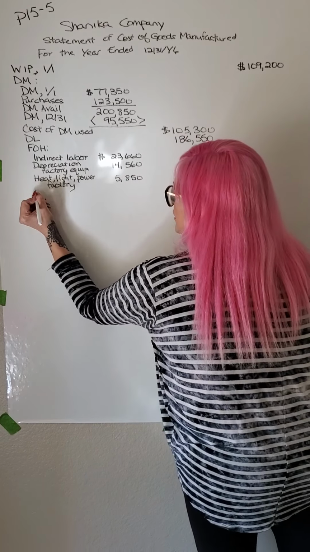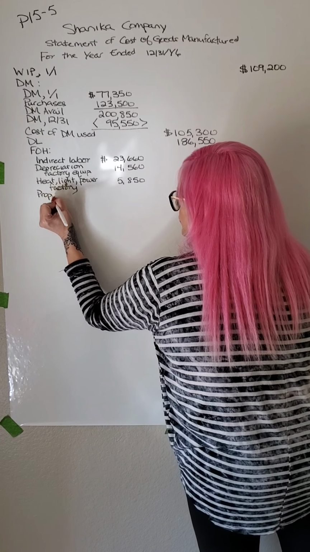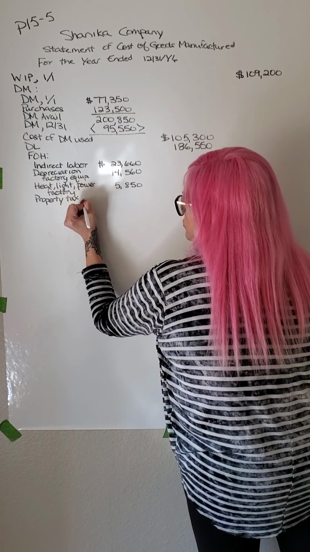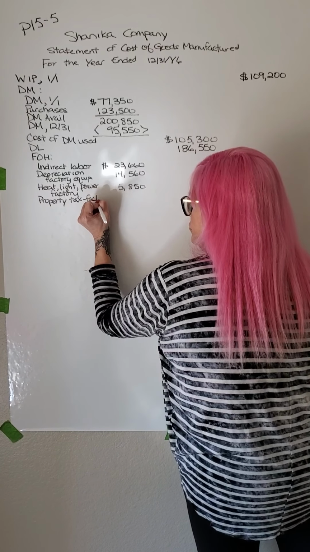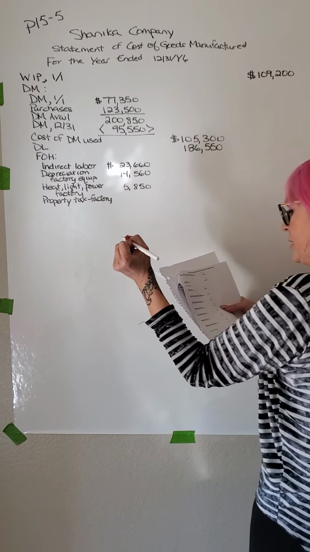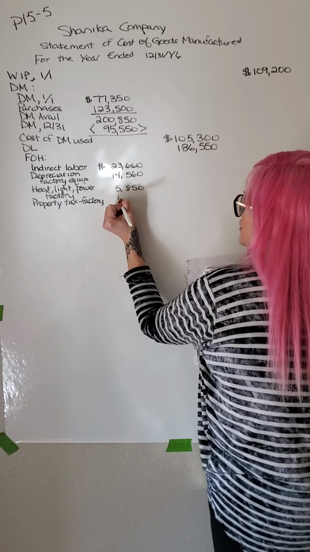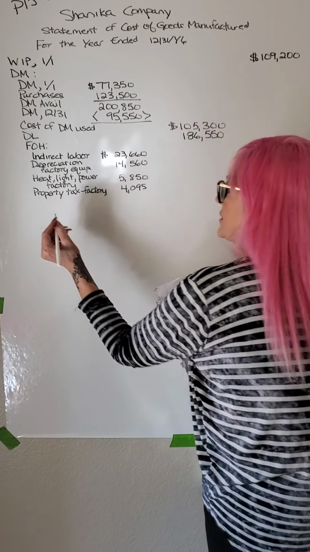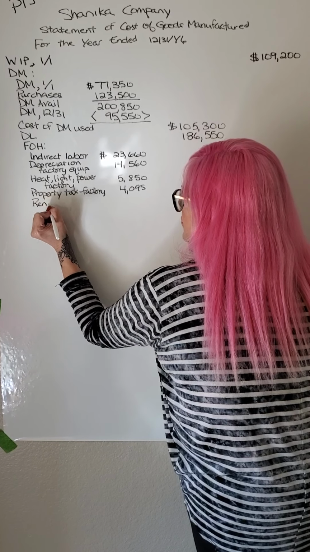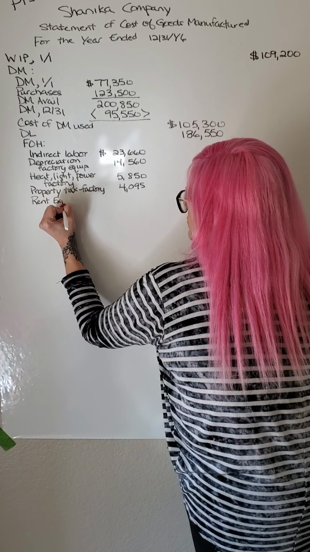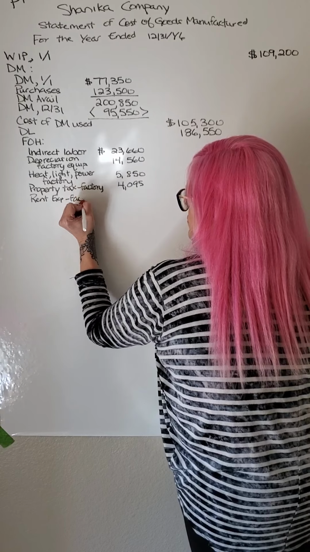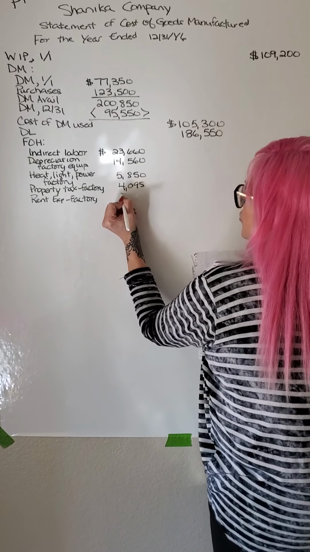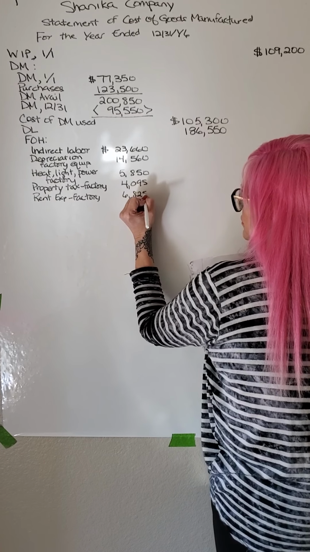We've got property taxes for the factory. That amount is $4,095. Rent expense for the factory of $6,825.